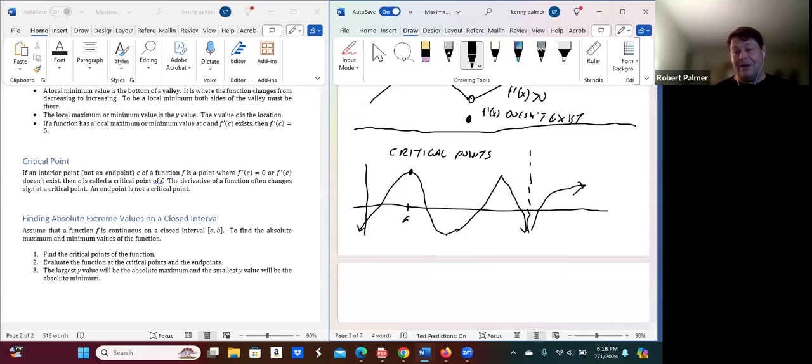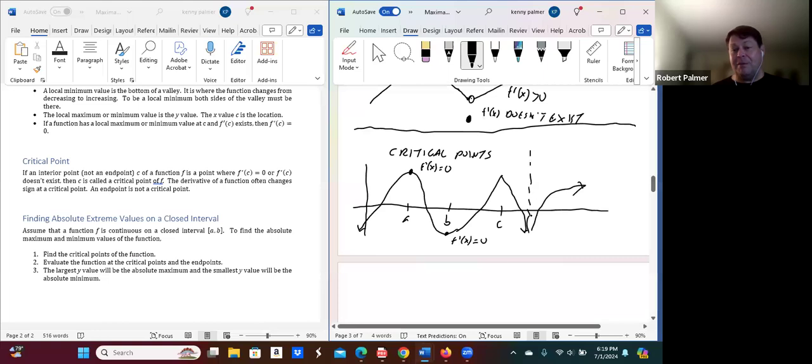So a, that's a critical point. Also one here at b. Right here at a and b, your derivative f prime of x is equal to 0. Top of a hill, bottom of a valley, right here. Now, what about here? This is also a critical point at c. And actually, this is the example we just said where the derivative doesn't exist. Okay.